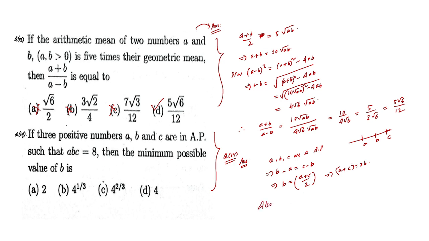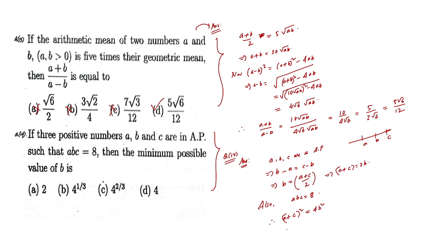Also it is given that ABC equals 8. Now we need to calculate the minimum possible value of B. How will you calculate it? We square A plus C, trying to eliminate A and C. A plus C whole square is 2B whole square, which is 4B square.